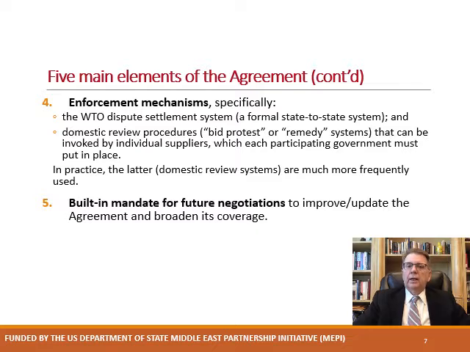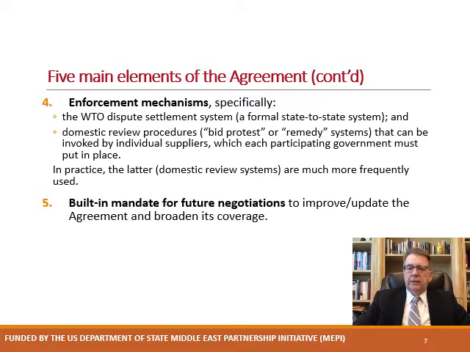Okay, and the last of my 5 main elements of the GPA is the built-in mandate for future negotiations under the agreement. This is an amazing part of the GPA. In effect, it ensures that it is self-renewing and continues to evolve over time, because the GPA contains a specific mandate requiring the GPA parties eventually to undertake further negotiations to improve and update the agreement and to broaden its coverage.